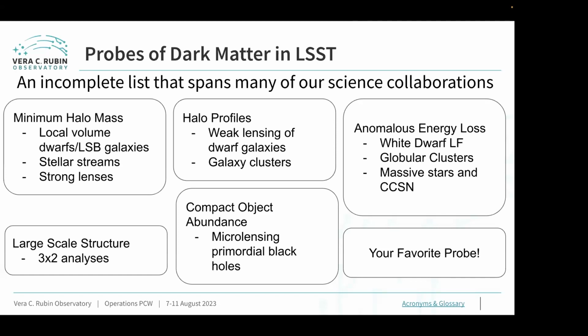I'm also interested in digging for fainter transients, which I believe will be useful for finding some signs of dark matter. Thank you. I'm Keith Bechtol from University of Wisconsin-Madison. I've historically worked mostly on the minimum halo mass, but I'm interested in learning more about probes of dark matter with large-scale structure.